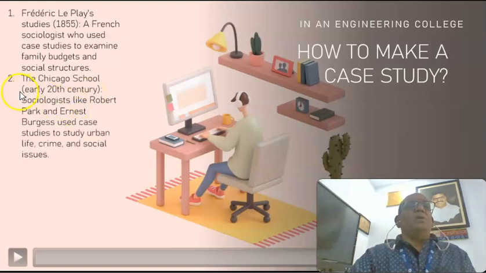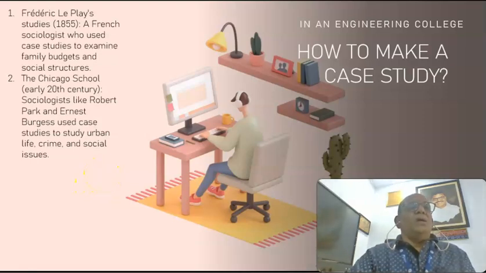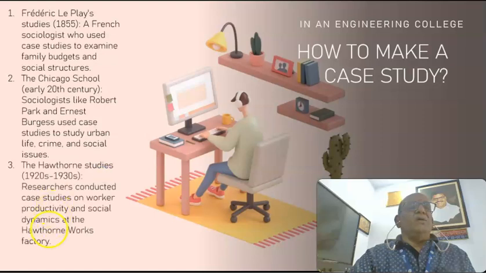But later, maybe during the early 20th century, 1900, 1905 or so, the Chicago School, especially social scientists such as Robert Park and Ernest Burgess, used these case studies to study urban life, crime, and social issues. Perhaps this case study was used very effectively for the first time in the Hawthorne study.